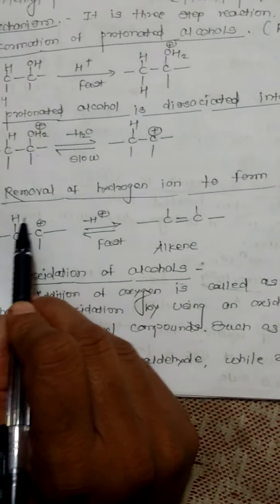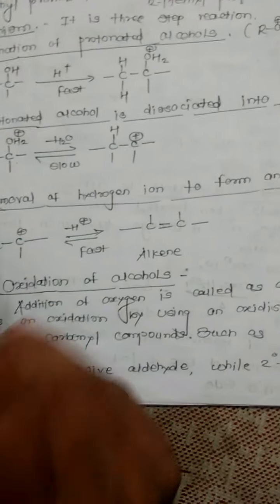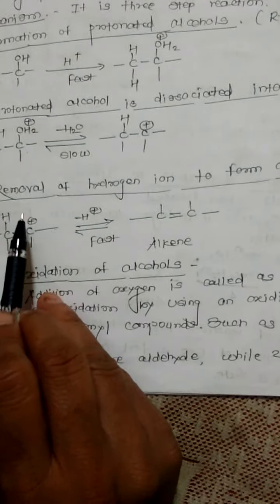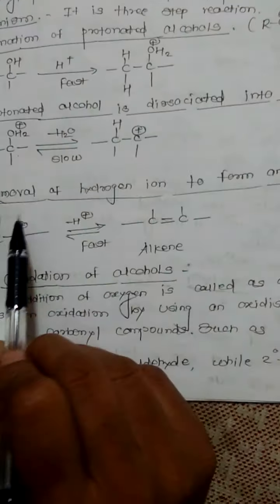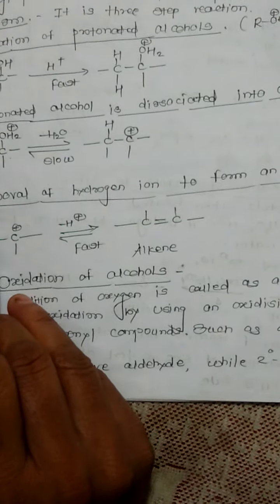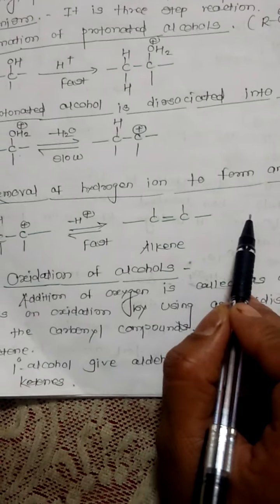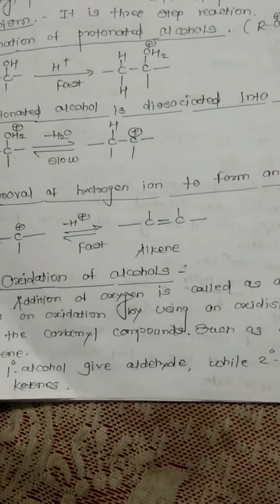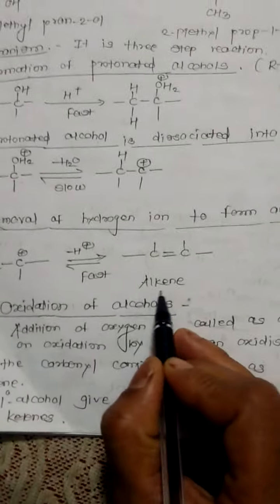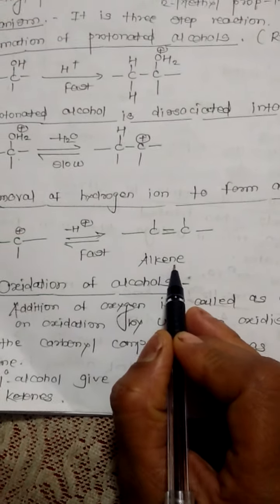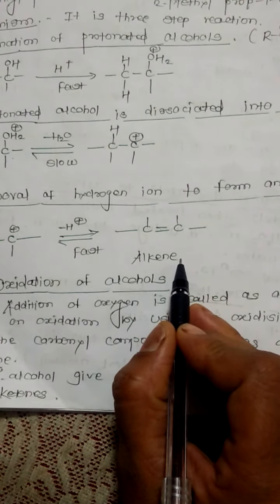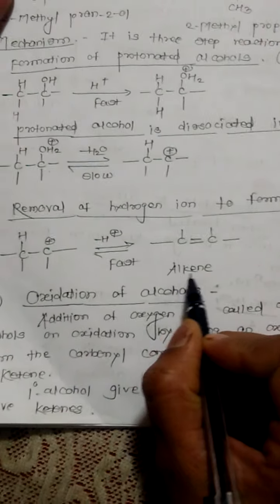So in the third step of this mechanism, this added proton is removed, and it results in the formation of the corresponding alkene. This H plus is removed, forming the corresponding alkene.